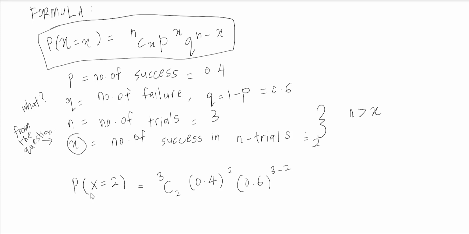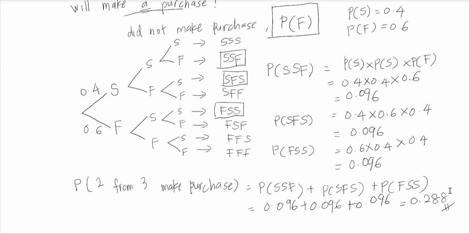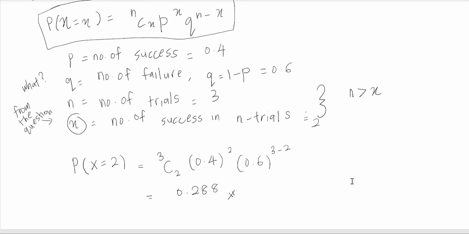If we solve this formula, we get the answer 0.288. Now, did we get the same answer? Yes, we have the same answer. For this one you have 0.288, and by using the binomial, you also get the same answer.